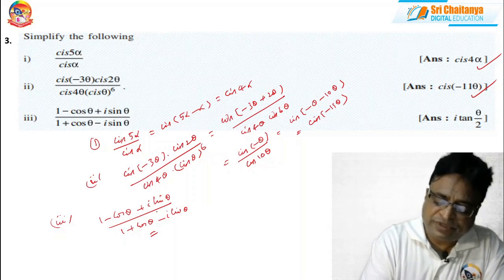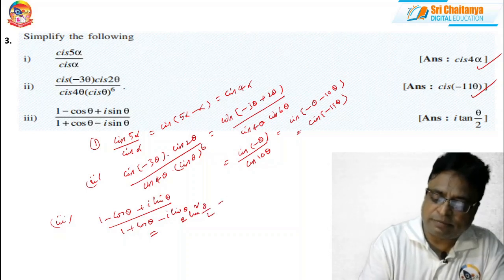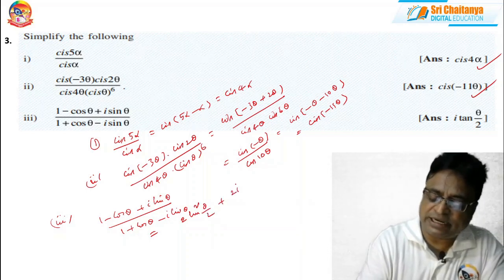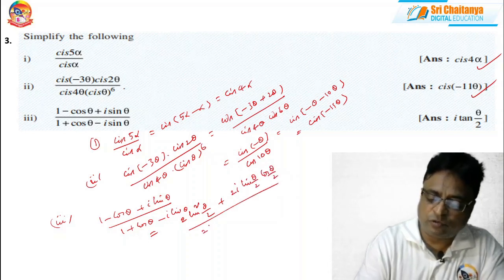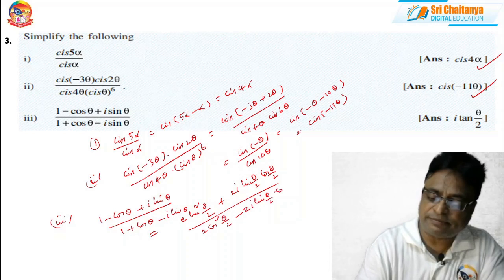So again, this I can write as 1 minus cos theta, that is 2 sin square theta by 2, plus i sin theta, that I can write as 2i sin theta by 2 cos theta by 2, by 2 cos square theta by 2 minus 2i sin theta by 2 cos theta by 2.